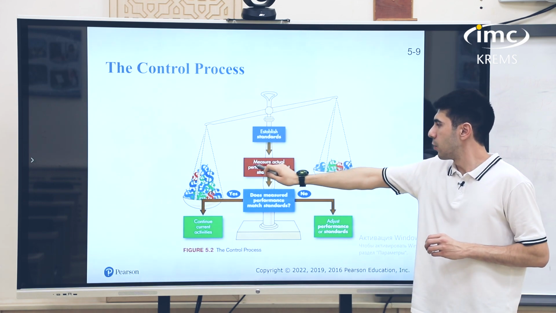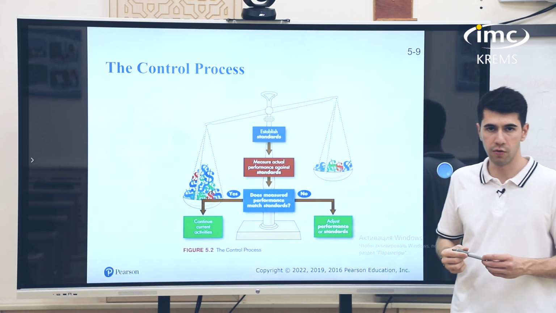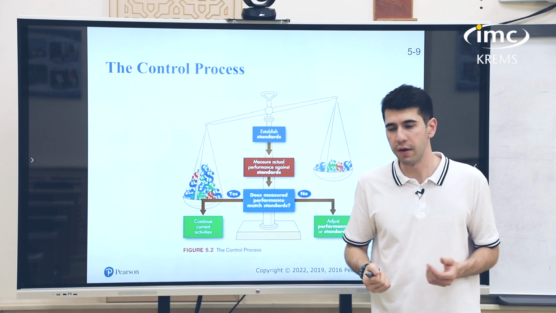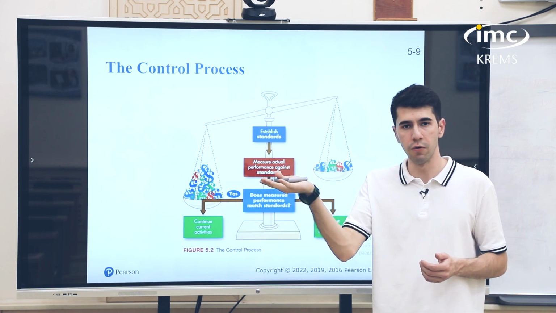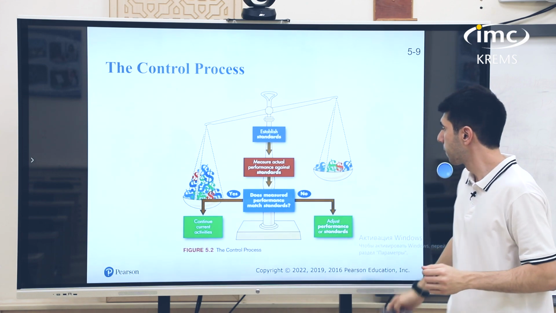Next, we have to measure actual performance against our standards. So what does it mean? We have to compare what we are doing right now with what we are planning and standardizing.